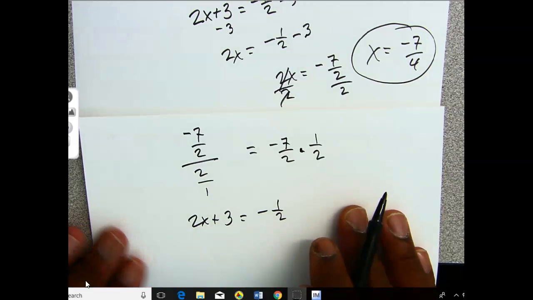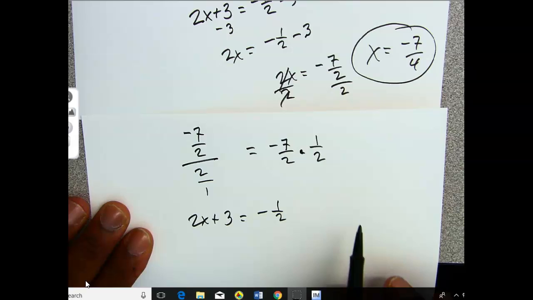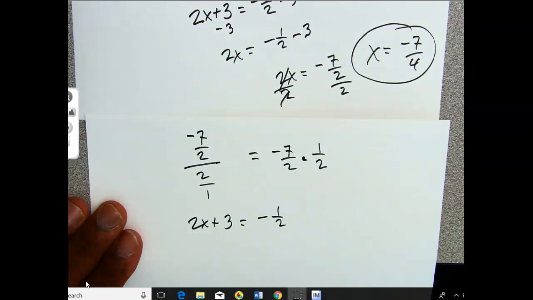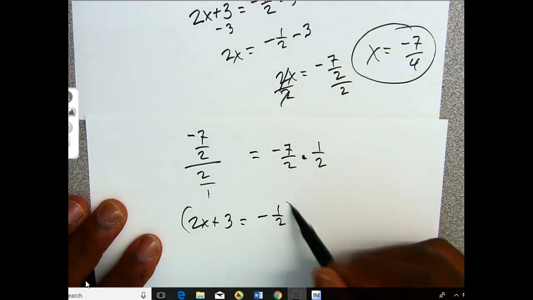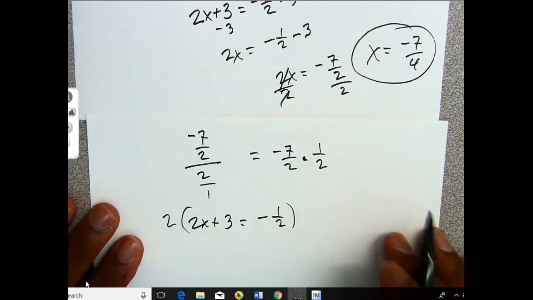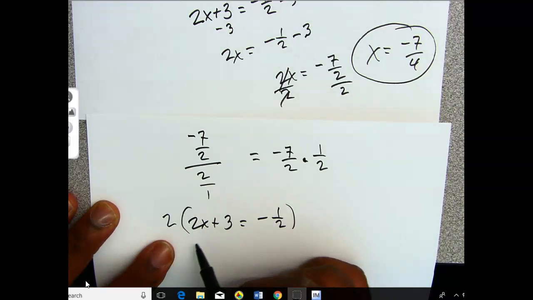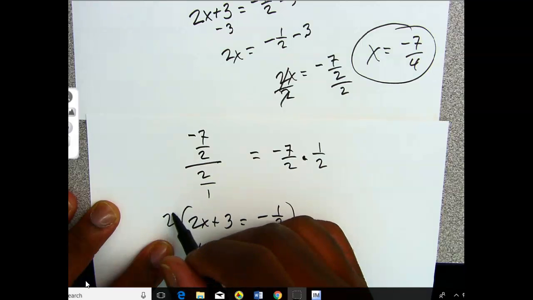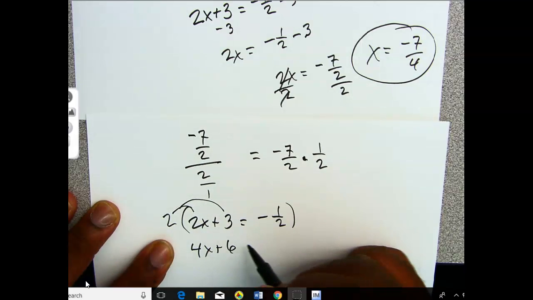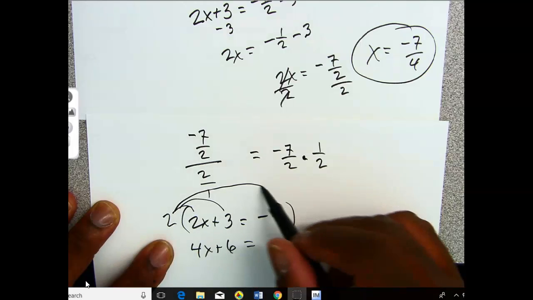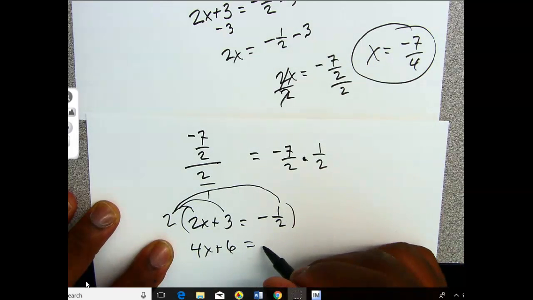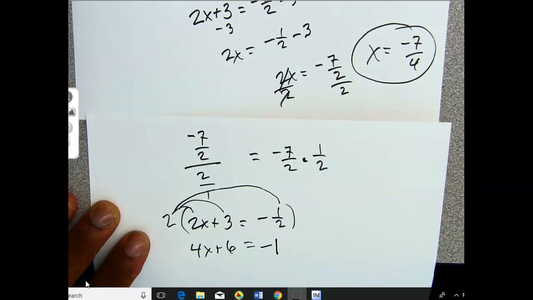I'm going to multiply the entire equation by 2. Everything gets multiplied by 2. 2 times 2x is 4x, plus 2 times 3 is 6, equals 2 times negative 1/2, which becomes negative 1. Now I no longer have a fraction.